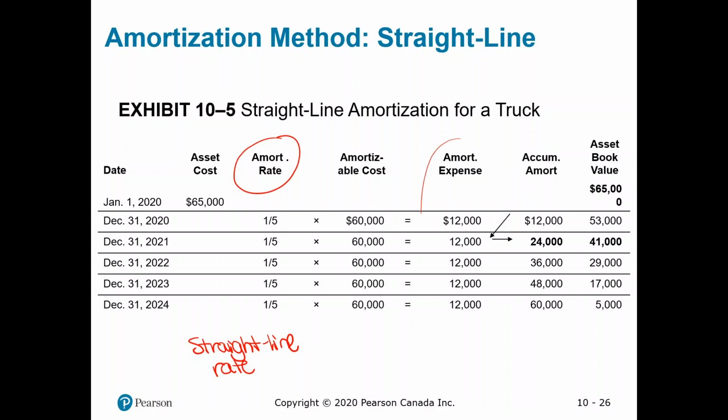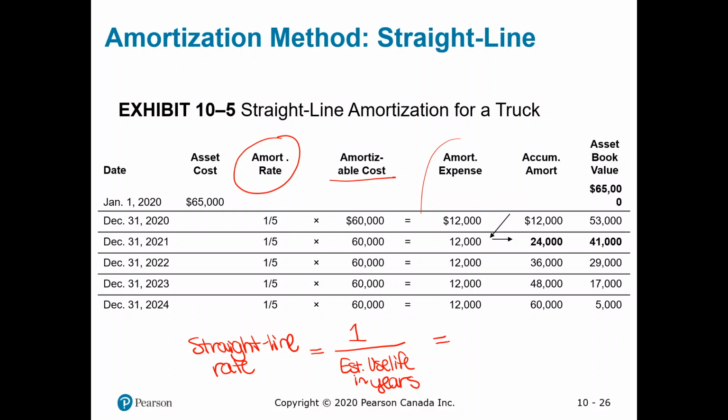And this is multiplied by our amortizable cost. So your straight line rate is equal to 1 divided by the estimated useful life in years.